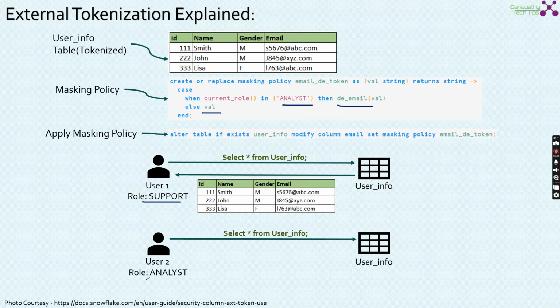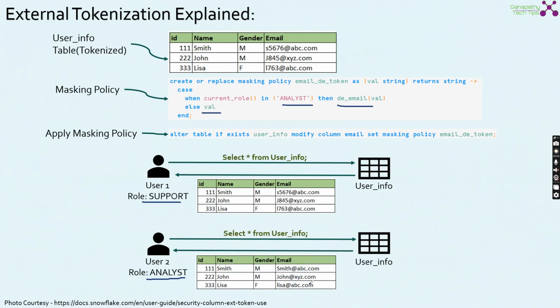Now if user 2, who is using the role of analyst, fires the same query, select star from user info, he will get the original data. It goes through the external function call, does the de-tokenization, takes all the de-tokenized data, and only then sends it back to the user. That is how external tokenization works.